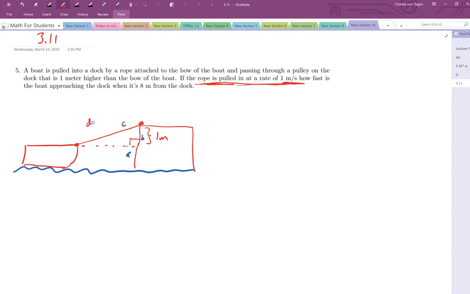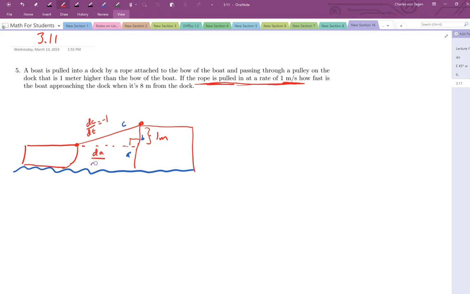We are told that dc/dt is equal to, and we'll make this a negative, since the length of c is decreasing at a rate of 1 meter per second. And so the question is how quickly is the boat approaching the dock when that happens?